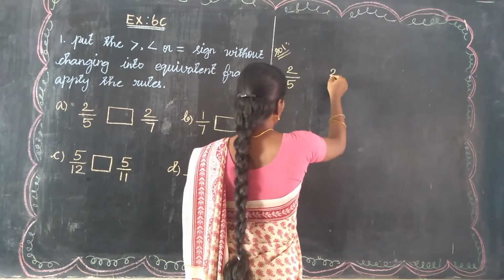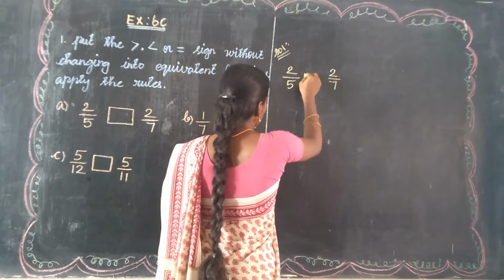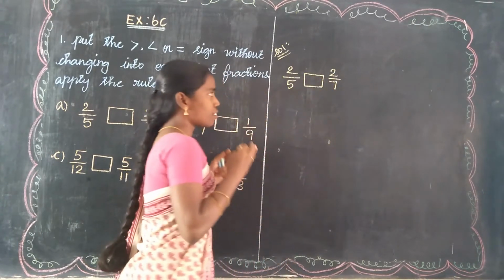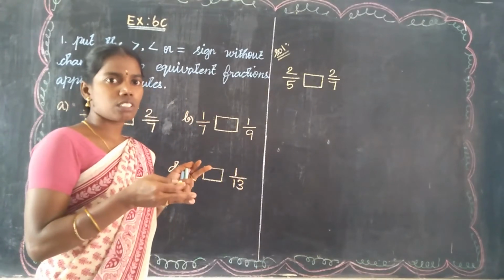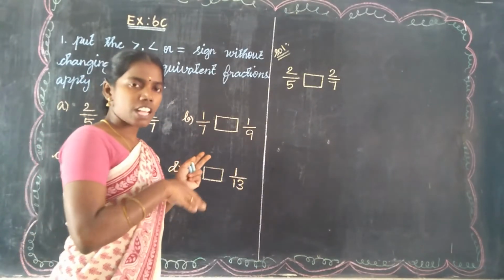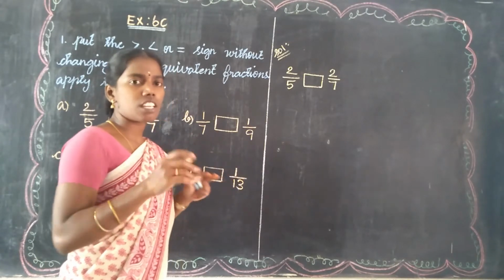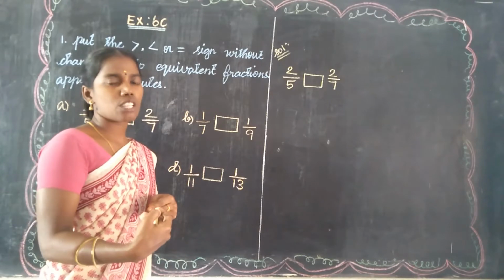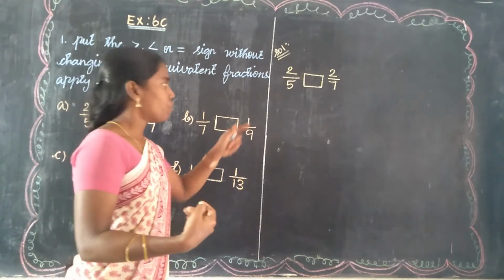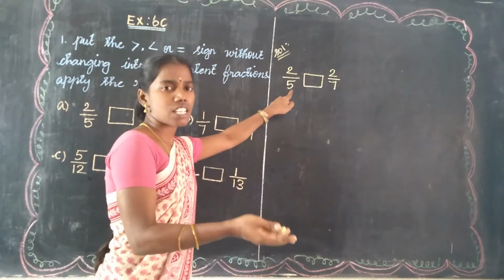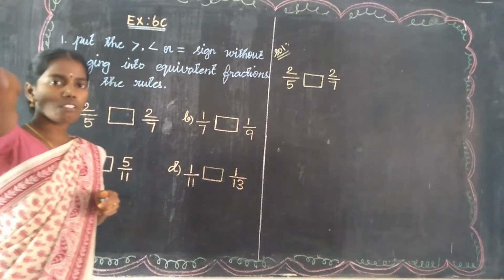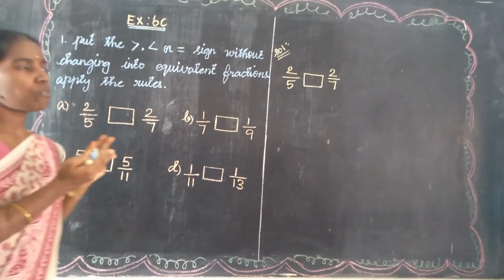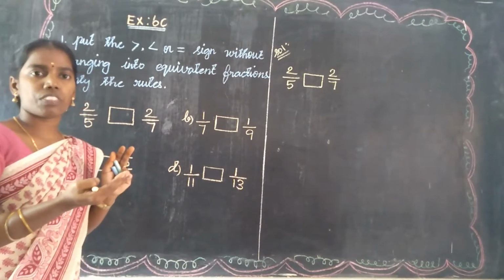See, to apply the symbol, first we find out the numerator value of the first and second fractions. The two are equal. Yes. Next consider the denominator value: first fraction 5 and second fraction 7.